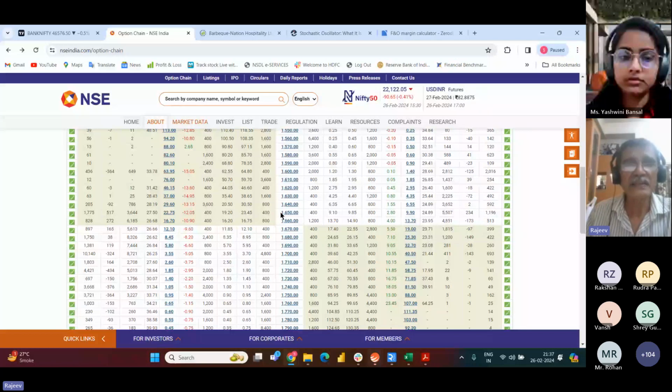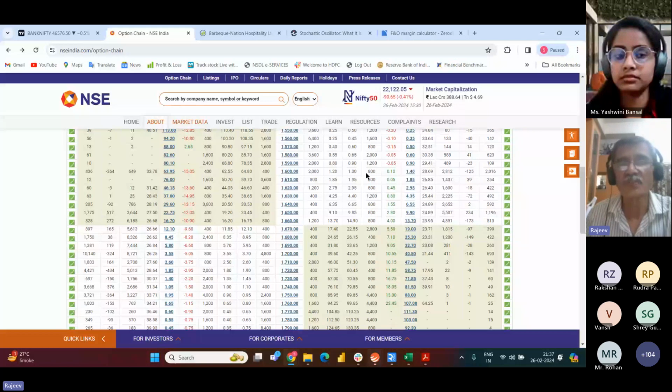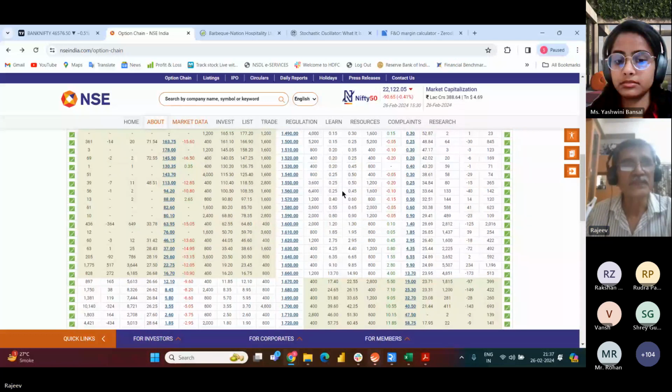So all these are in the money call positions, all these are in the money put positions, and all those without any colors are called out of the money positions. That means at the expiry, they will all be turned to zero. The Nifty expiry is on Thursday, just 2-3 days away.